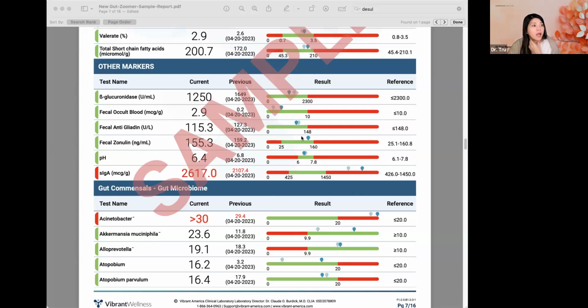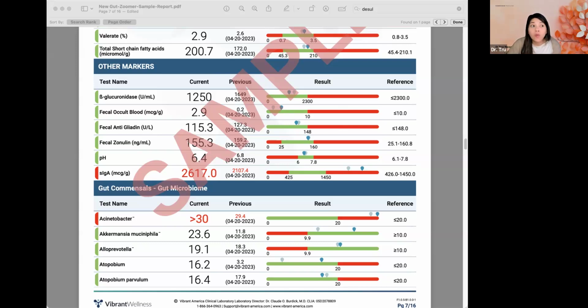These two markers, when they're high, you can tell that you have leaky gut, and then anti-gliadin indicates that your immune system is reacting to gliadin, which is a protein in wheat, very closely related to gluten. And so you can deduce that you have a gluten sensitivity when there's anti-gliadin present in your stool test.